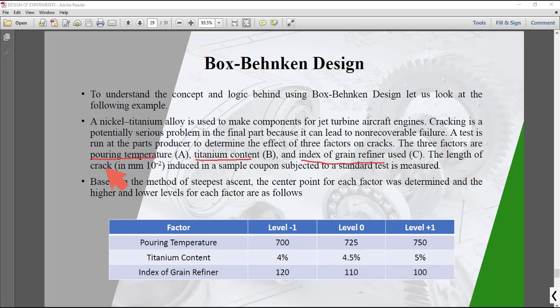They have given us the negative level, positive level, and the central level, right? They have done the basic experiments, the method of steepest ascent, and have come to this value. Now they want to find out the equation for the second order response surface so that they can find out the optimum value.